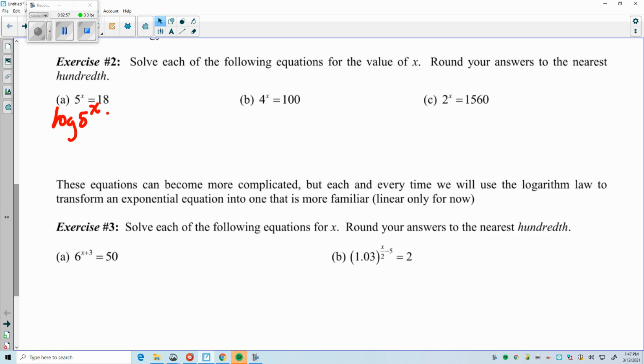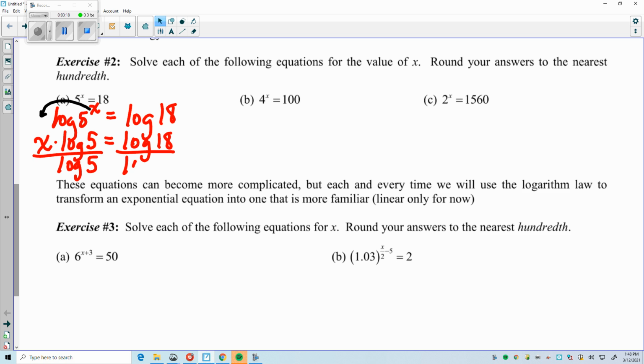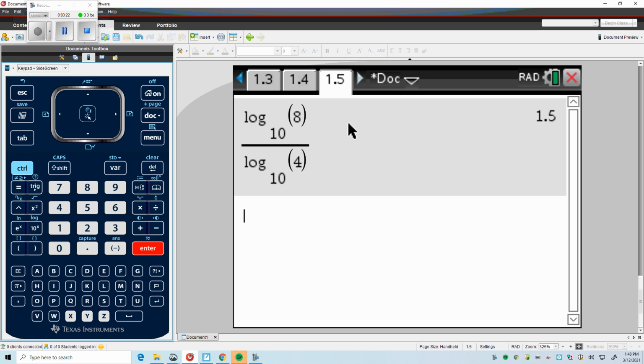And I want to introduce a log again to each side. Okay. Keeping in mind that when I have that exponent can come down in front. So now I'm getting something like x times the log of 5 equals the log of 18. And so to divide through by log of 5 is going to give me my final answer. So again, if we did this in our calculator, I would do my fraction template.